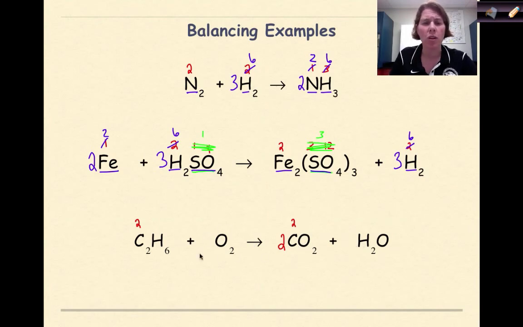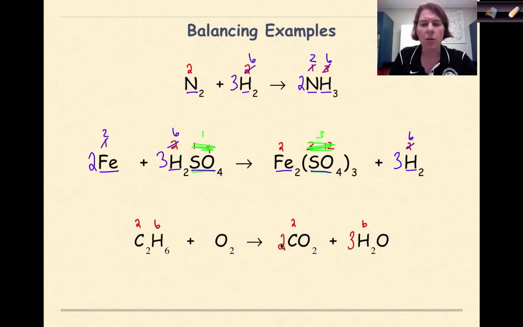So I'm going to stick with what only appears once on each side first. I have 6 hydrogens. I need 6 hydrogens over here, so I'm going to put a 3 in front, and I'm going to make this 6. And then finally, the last thing I'm going to do is balance my oxygens.